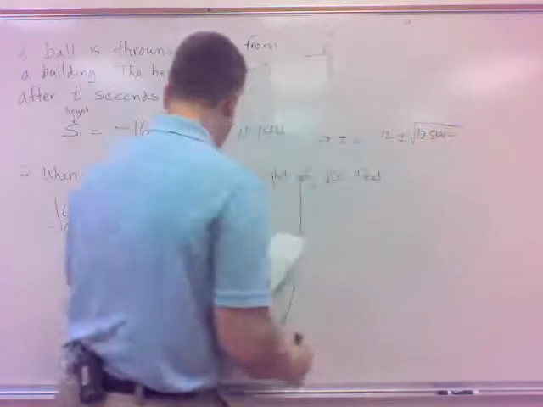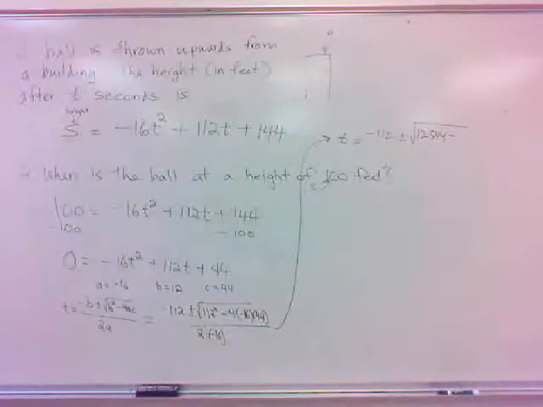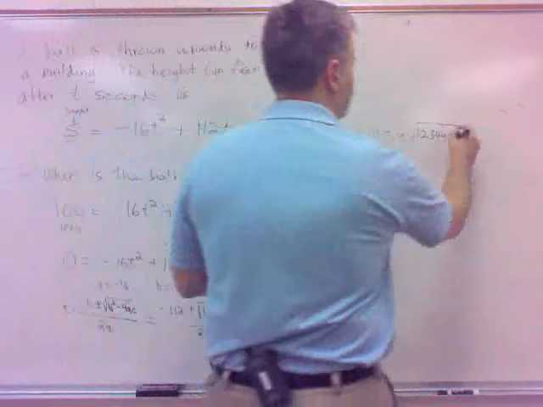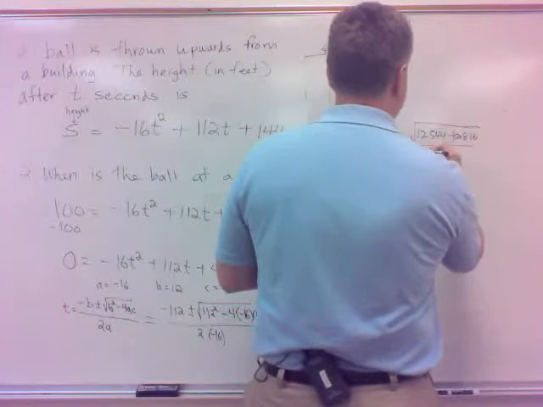Minus, actually plus, wouldn't it? Negative 4 times negative 16 is going to be positive 64. And then times it by 44, that's going to give me a positive 2816, all over negative 32.